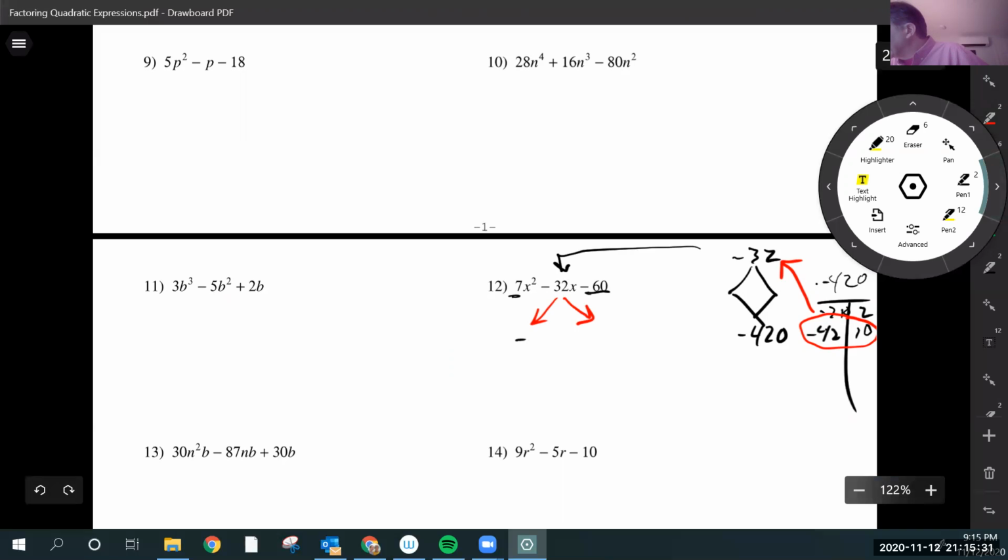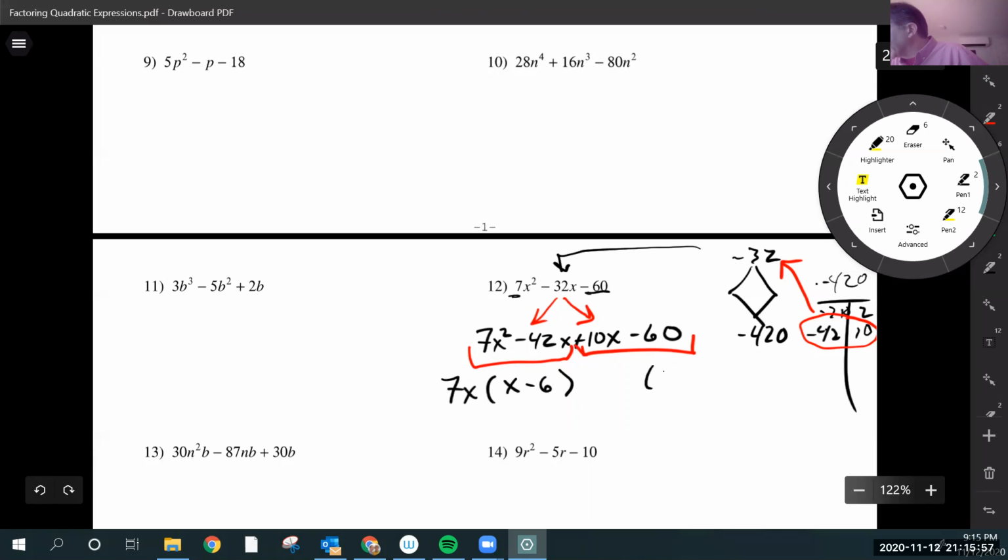into the negative 42x and the positive 10x, and bring down the first term, 7x squared, and the last term, minus 60. And then I'm going to go back to grouping the first two terms and the last two terms. So what is it that's common in the first two terms? Well, both a 7 and an x, and I'm left with an x minus 6.